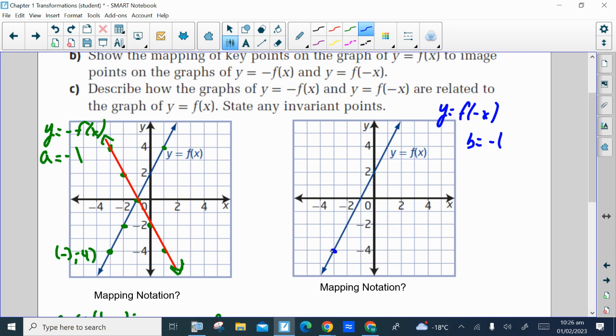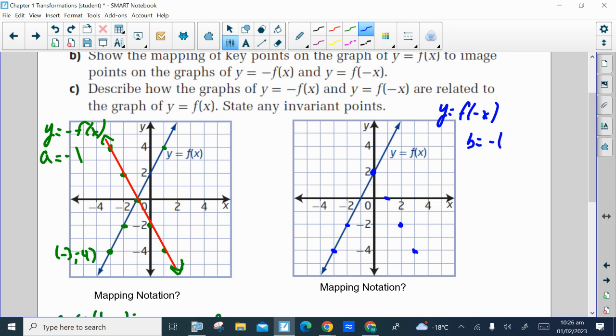So this point right there at -3, -4, it's 3 units to the left of the y-axis. That'll reflect 3 units to the right. This point here, 2 units to the left, will reflect 2 units to the right. 1 unit to the left will reflect 1 unit to the right. Because we're reflecting across the y-axis, the y-intercept is invariant.